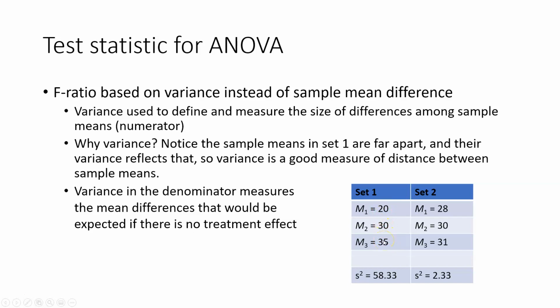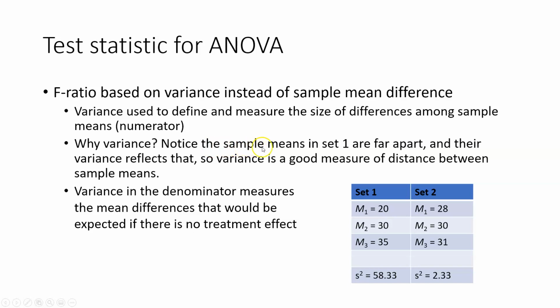And if you compute the variance, s squared, for those 3 means, you would get 58.33. Set 2 has 3 other imaginary treatments, 1, 2, and 3, but their means are much closer together, 28, 30, and 31. You can see how close they are together. The variance of those 3 means is much smaller, 2.33.